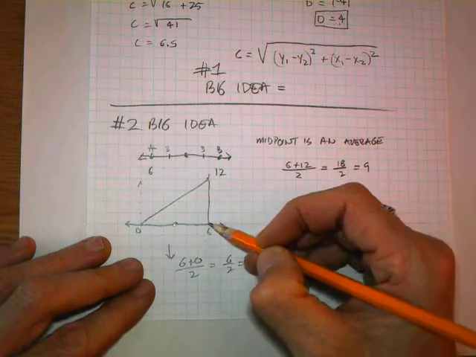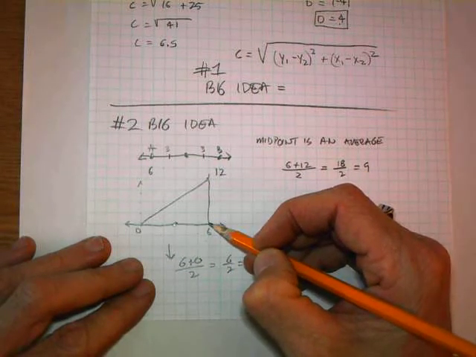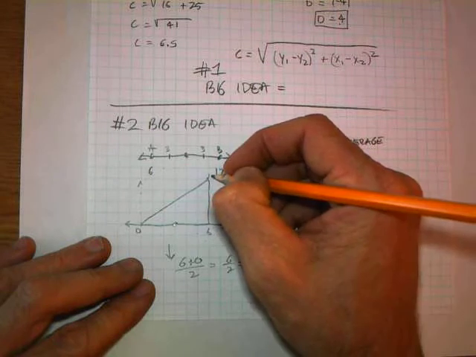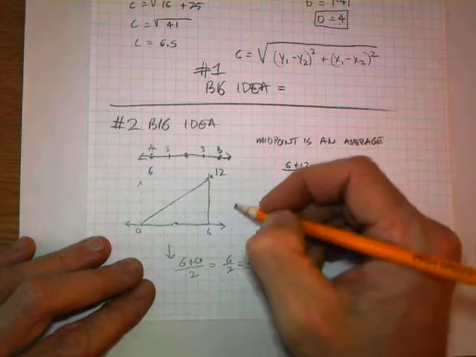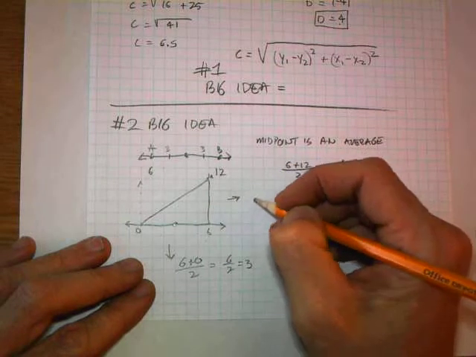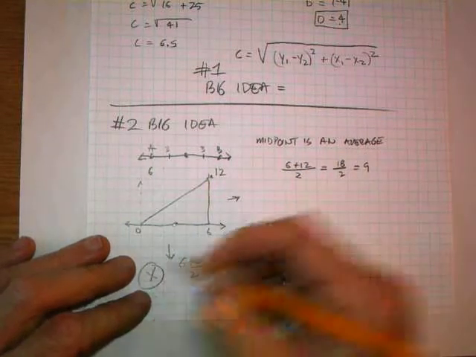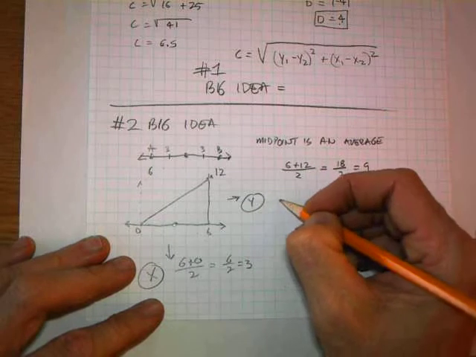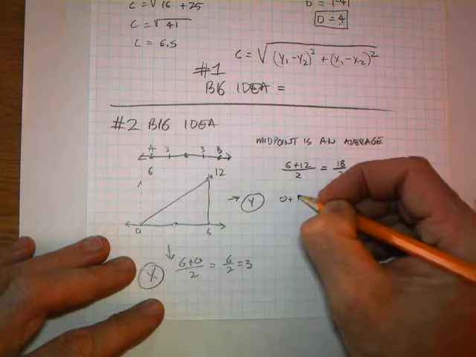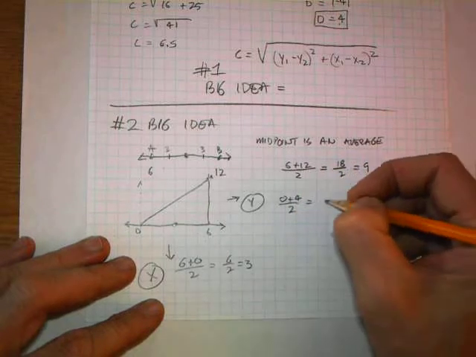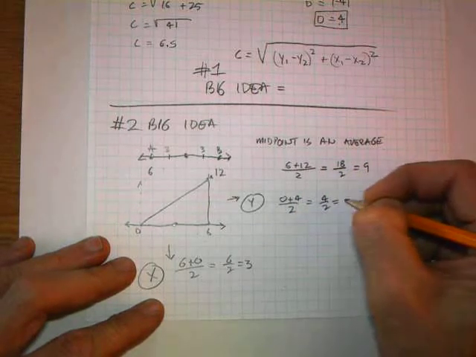This is going to be 0 here and 4 up here, if this is the 0 line. In the y direction, it is 0 plus 4 divided by 2. The average of that is 4 divided by 2 equals 2.